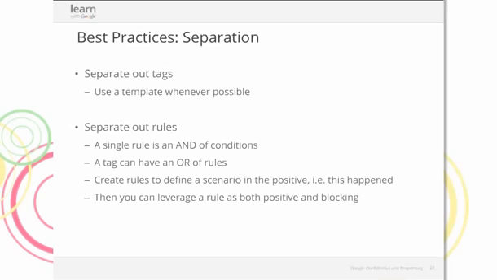A tag can have an or of rules. That is, if one rule is satisfied, it will fire. If you have multiple rules applied to the same tag, if one of those rules is satisfied, it will fire based off that rule. If the other rule associated to that same tag is not satisfied, the tag will not fire in that circumstance.